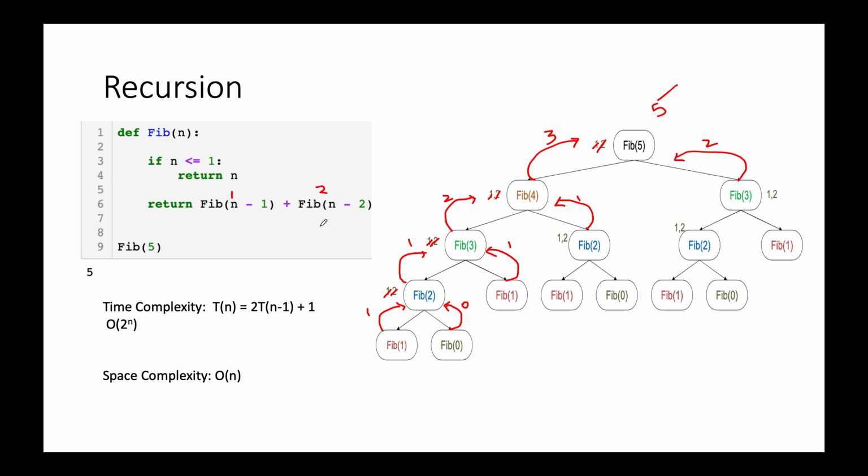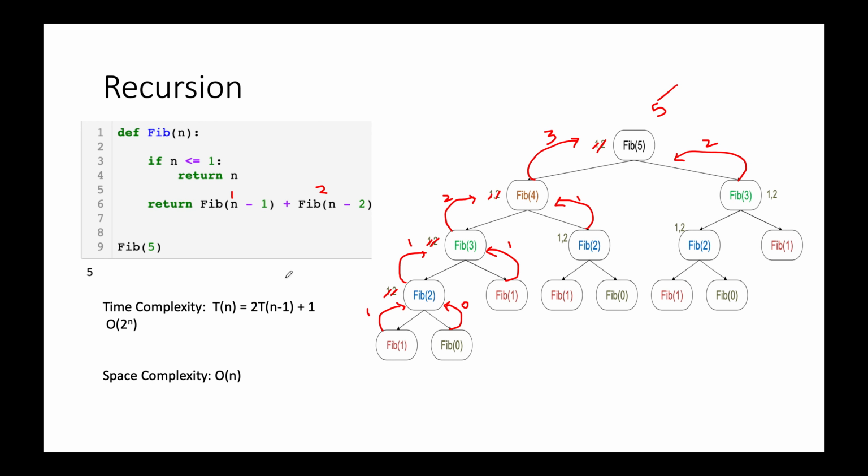The time complexity of this recursive algorithm is O of 2 to the power n. The recurrence that we get here is T of n equals 2 times T of n minus 1. Why? Instead of taking T of n minus 2, I'm just making it T of n minus 1 for easier computation.